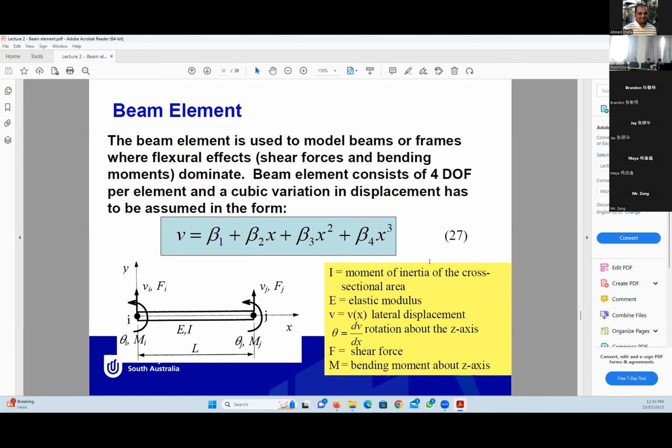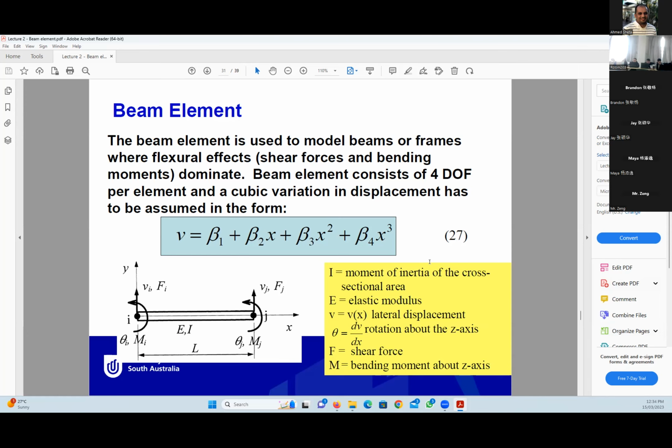So for this type of element, we have two types. Beam elements, which include just the flexure effect, shear force and bending moment. And we have the frame element, which includes the flexure effects and the axial effect. Axial effect means that we also have another force applied to the frame element, which is the axial load.